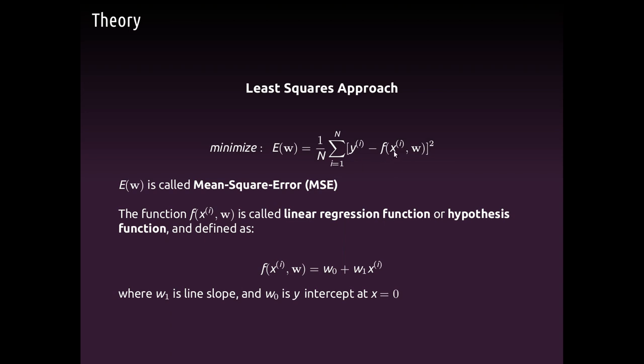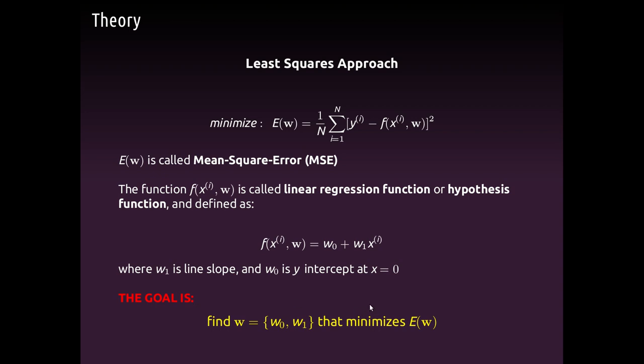The f of x super i and w is called the linear regression function, or sometimes the hypothesis function, and it is very simply defined as any linear function. It's defined by w0 plus w1 multiplied by x super i, where w0 in our case is the y-intercept at x equals 0, and w1 represents the line slope.